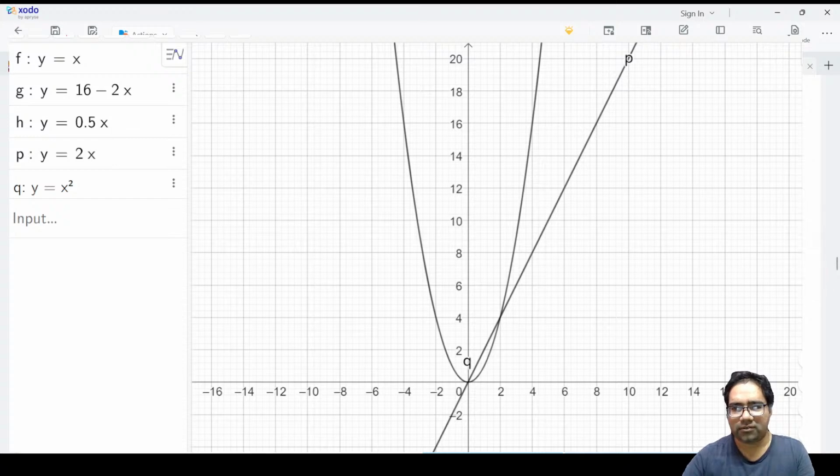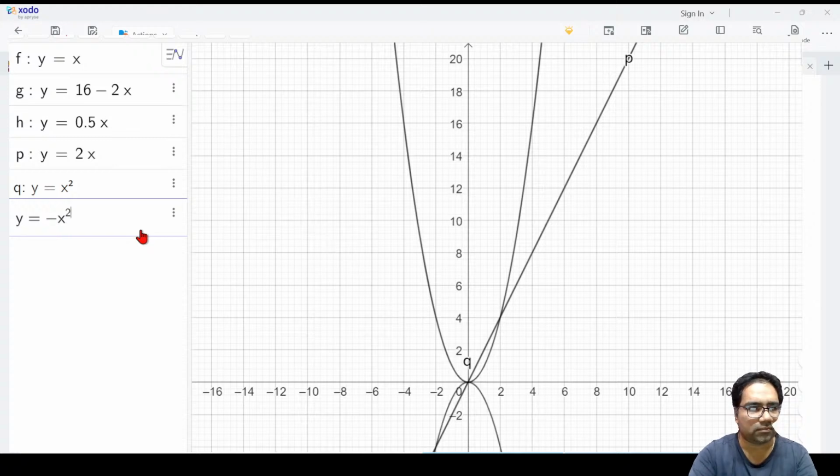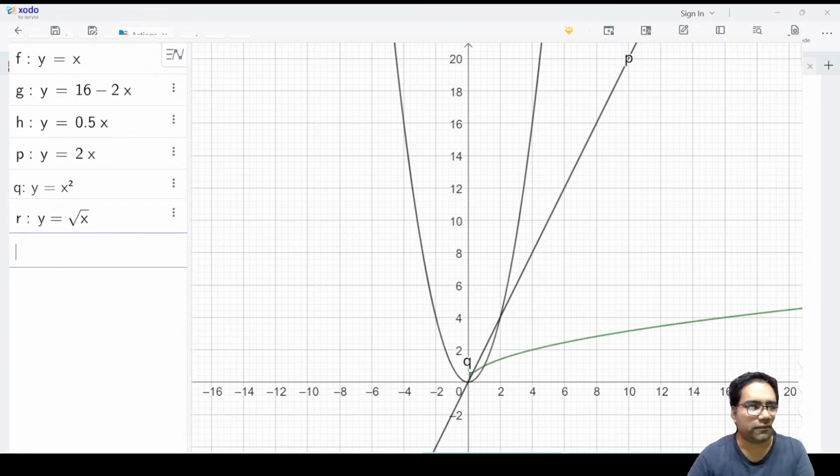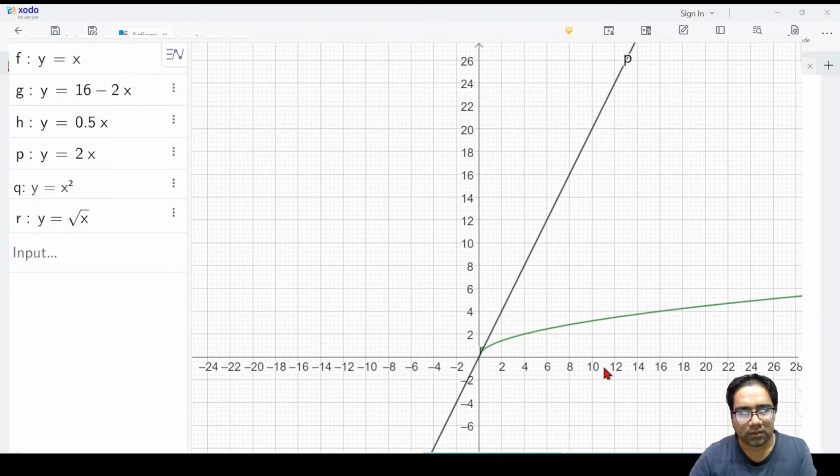Now, I'll write some other graph. Okay. Now look at this graph.